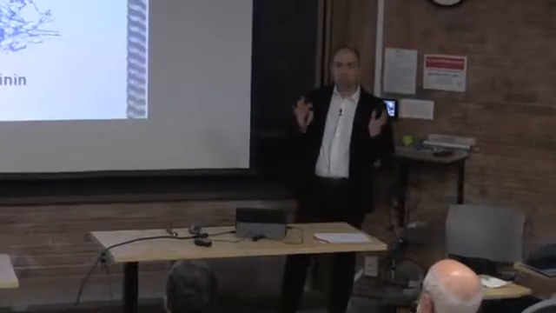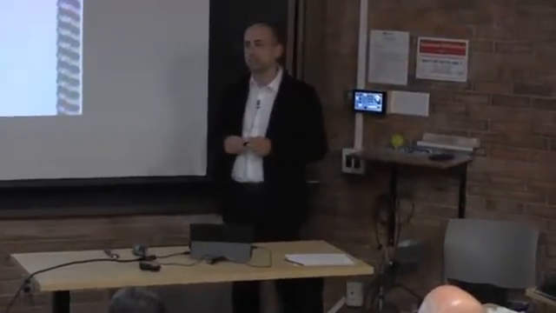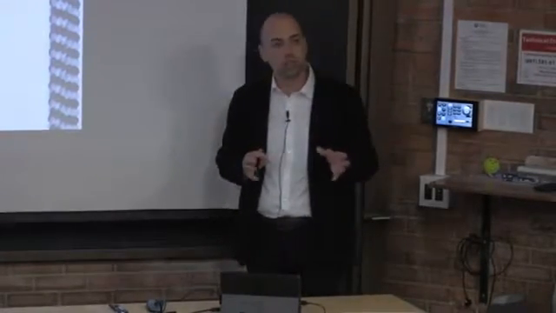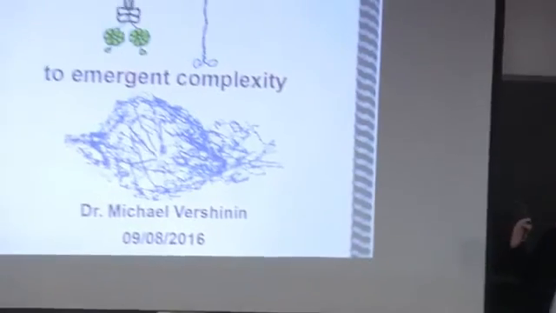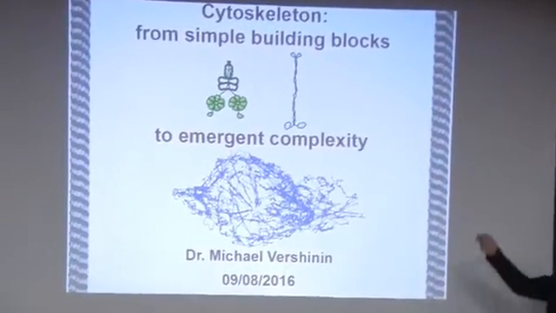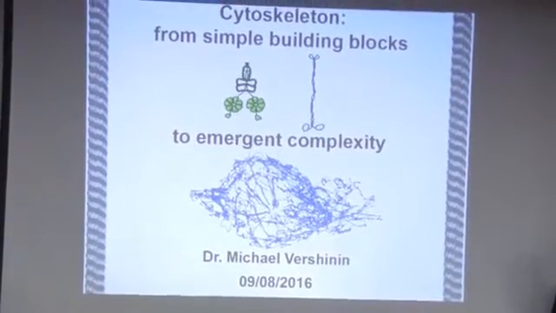So when I looked at preparing this talk, I thought that the theme of a lot of what we're doing is precisely in the title: moving from very simple building blocks and seeing how you can get some really unexpected behavior, like the emergent complexity in, for example, the system that we're studying, the cytoskeleton.